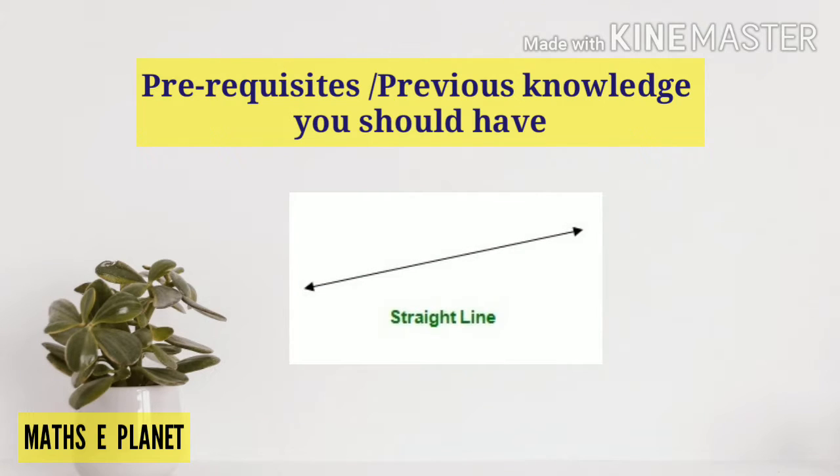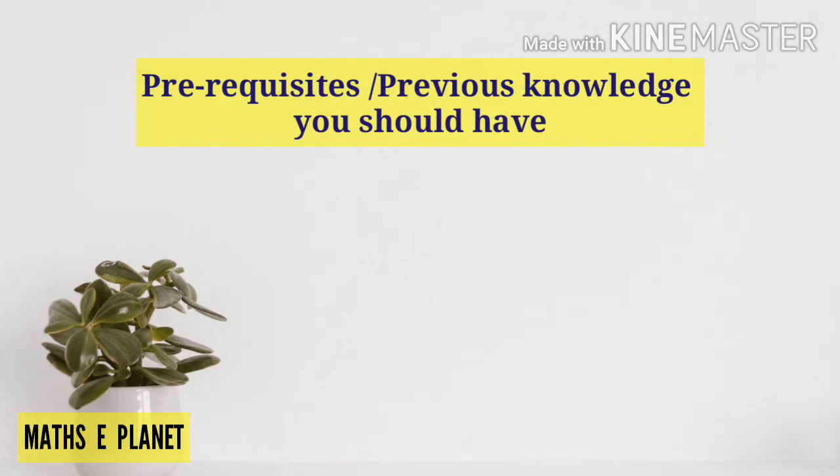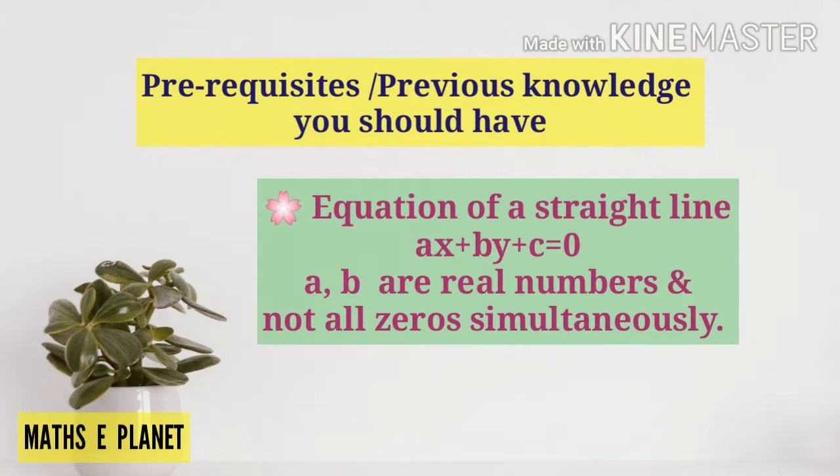The first thing you have to know is the equation of a straight line, and that is ax plus by plus c is equal to 0, where a and b are from the set of real numbers and a and b are not zeros simultaneously, meaning they are not zeros at a time. That is, you have to know the equation of a straight line.